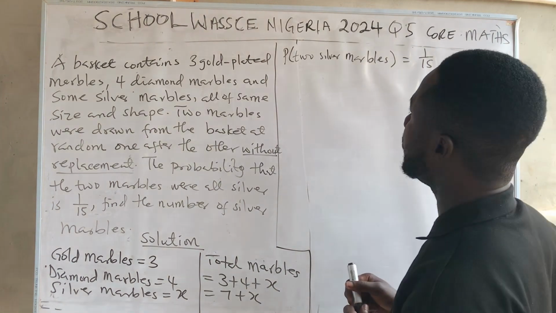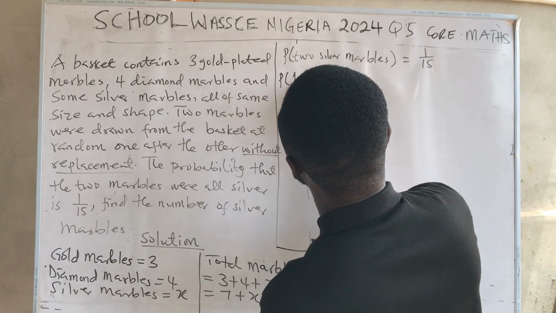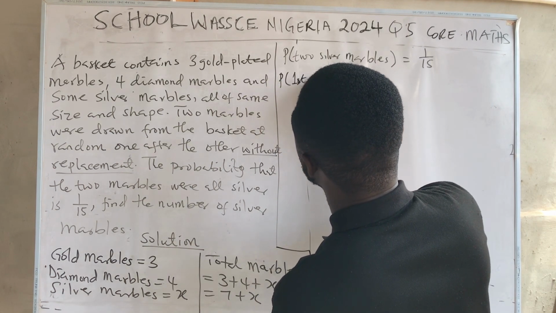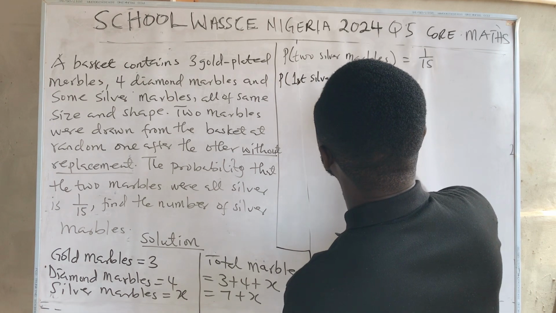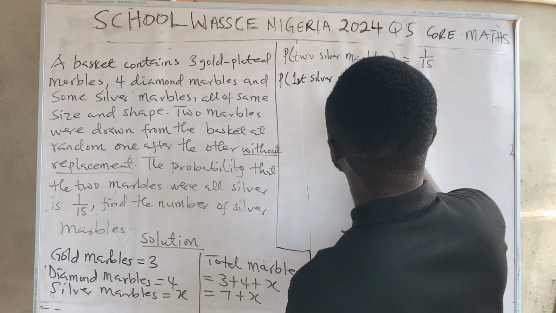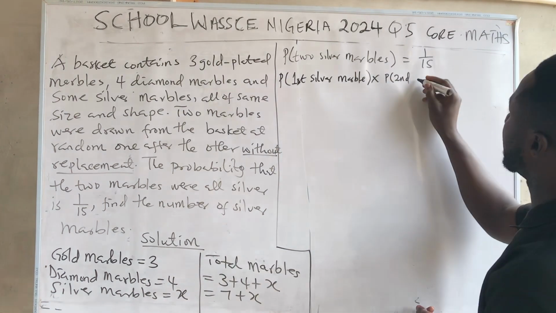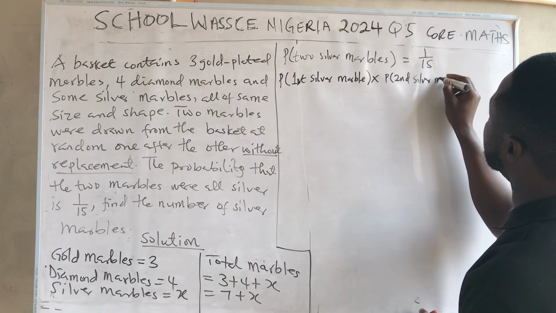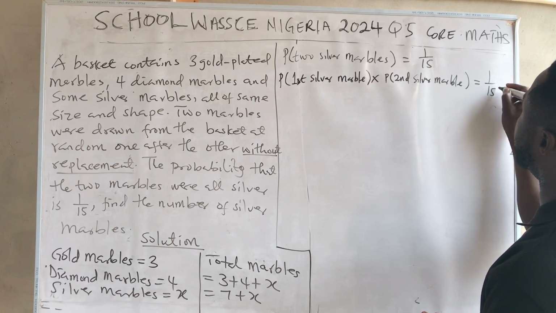Okay, so it means that the probability of the first silver marble times the probability of the second silver marble is giving us the 1/15.